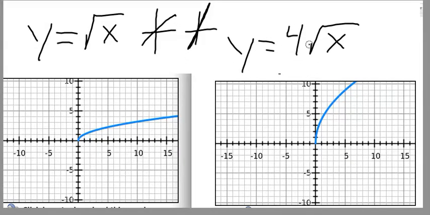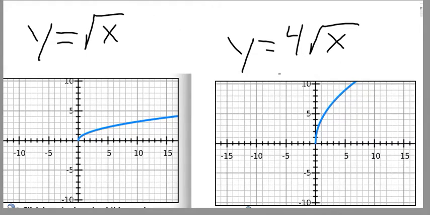Same thing is true here. We got a times 4, so we should have a steeper, kind of more quickly increasing graph. So this is a match. We got this guy goes with this guy goes with this guy. And also we just got to recognize that basic square root shape. So this is square root shape. And then multiply by 4 makes it increase more quickly.